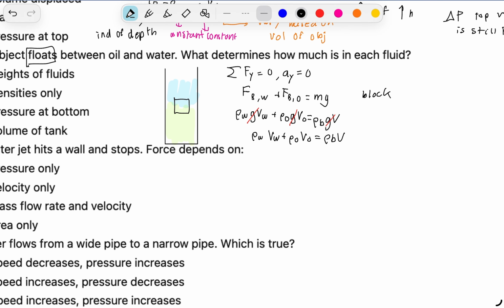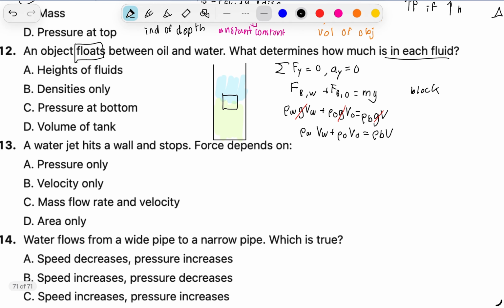So what can we see? We're asked what determines how much is in each fluid. Our options are height of the fluids, density, pressure at the bottom, and volume of the tanks. We see that there's no height of the water, no height of the oil, and no pressure terms inside of our equation.